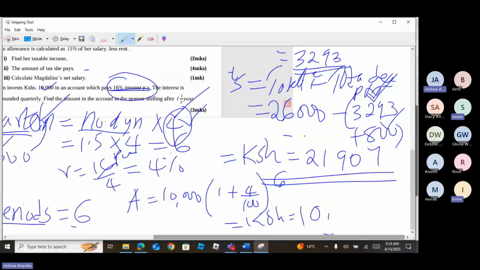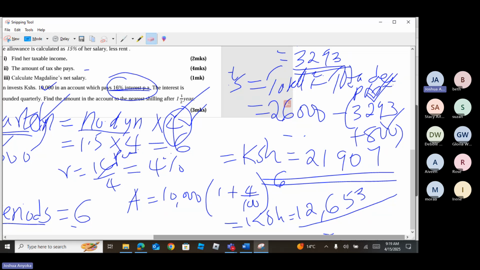I want you to have 1.04 raised to 6 then multiply by 10,000. 12,653.19. Are you in agreement? To the nearest shilling, it will be 12,653 shillings.